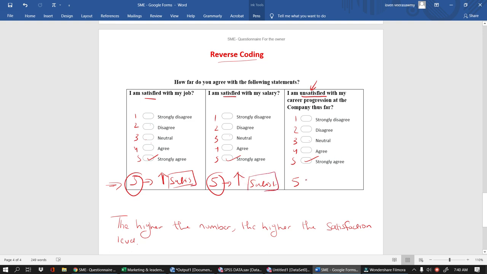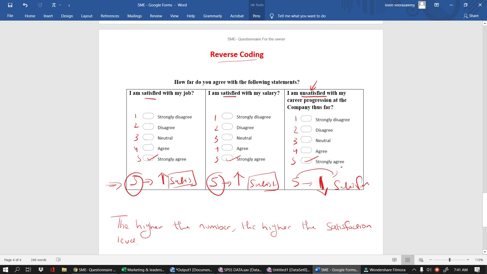If I said I strongly agree that I am unsatisfied with my career progression at the company thus far, this would mean that 5 means a low level of satisfaction. You see, here the higher the number, it means the total opposite. In the first questions, high number, high satisfaction. Here, high number, low satisfaction.